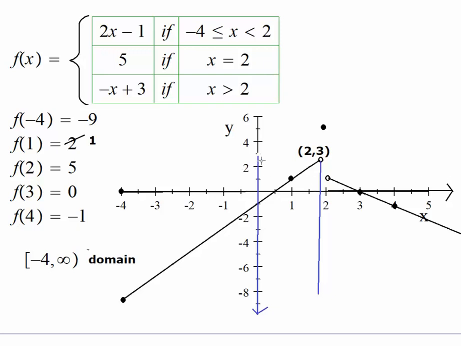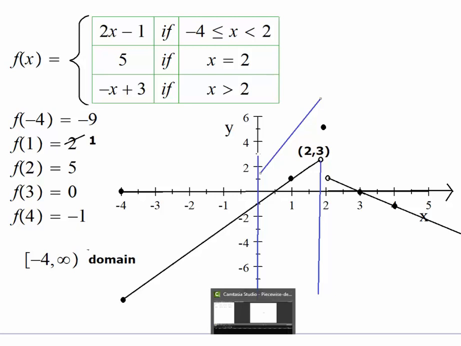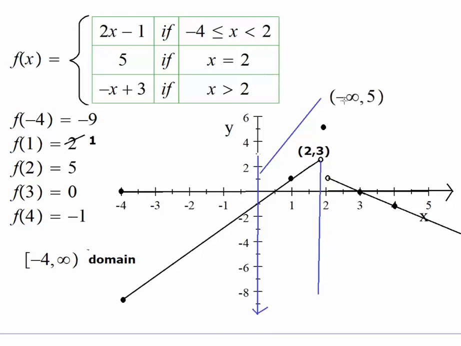First we notice that all these y values below 3 may be expressed as the interval negative infinity to 5. Now just a moment, I made a mistake. It should be negative infinity to 3. I'm sorry about that. So that's negative infinity to 3.